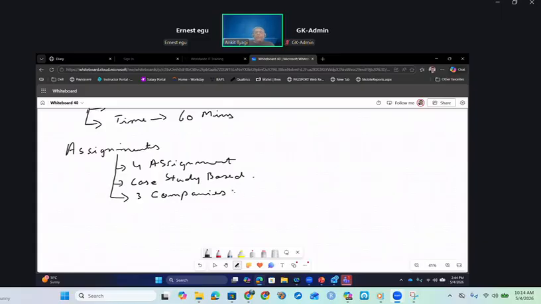Out of these 3 companies, we need to select one and answer all the assignments based on that company only.